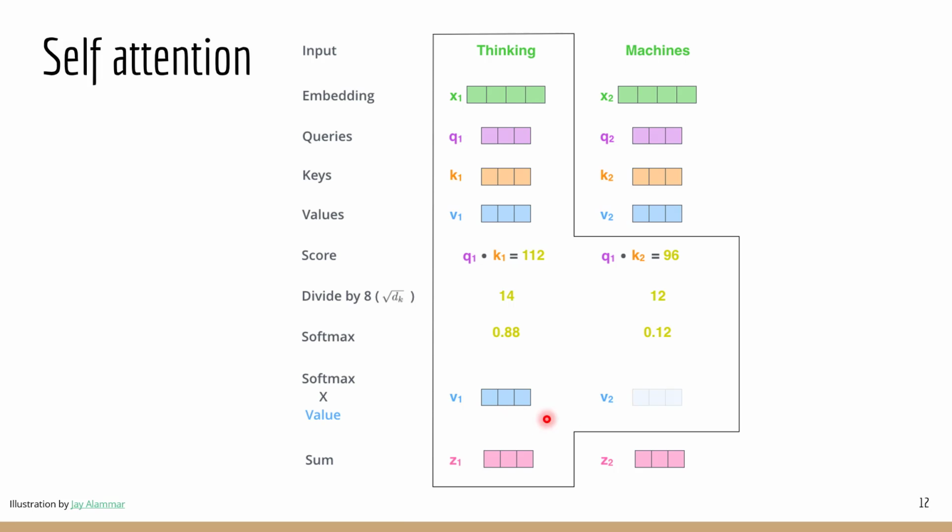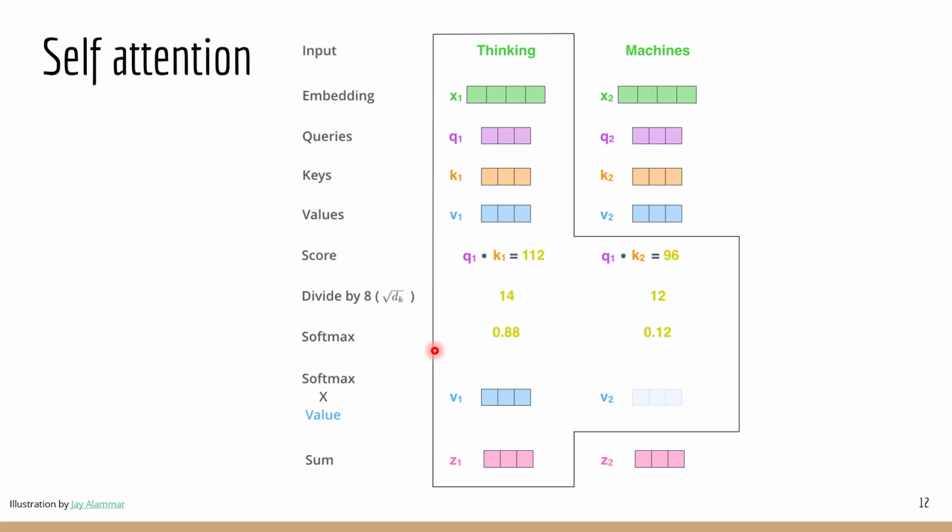And then a weighted average of V1 and V2 provides us with Z1. So Z1 is the contextualized embedding for thinking, that also takes into account a bit of X2 as well.